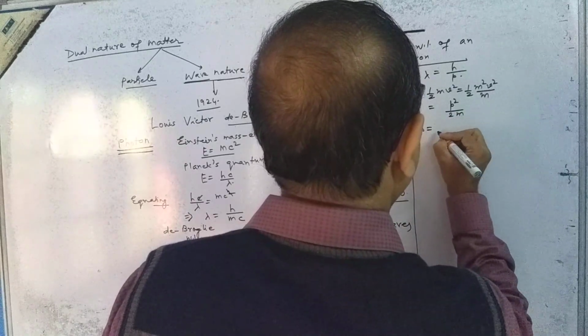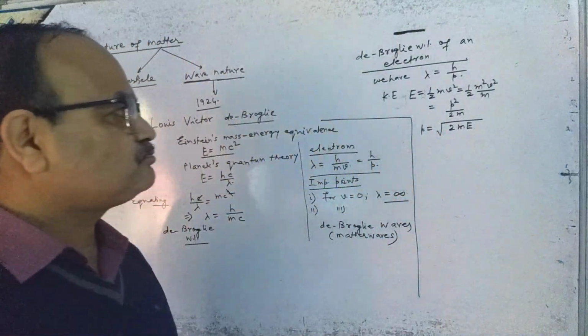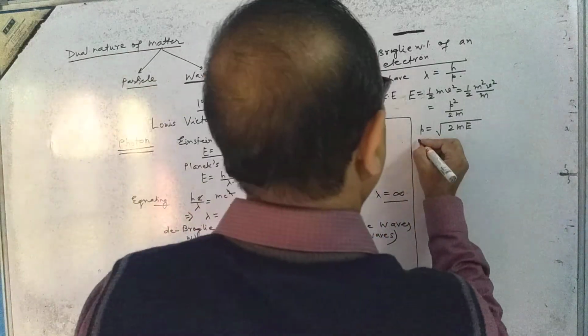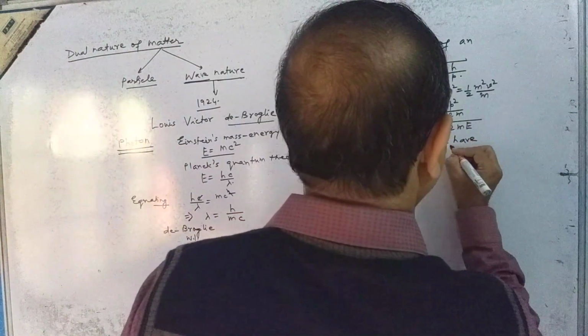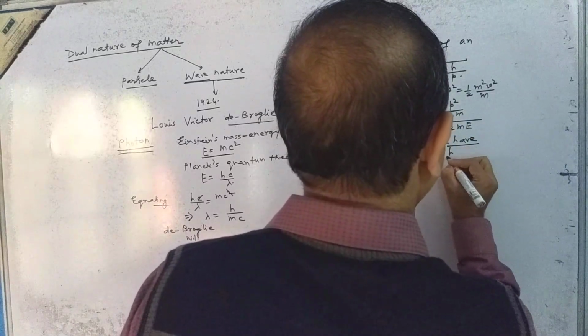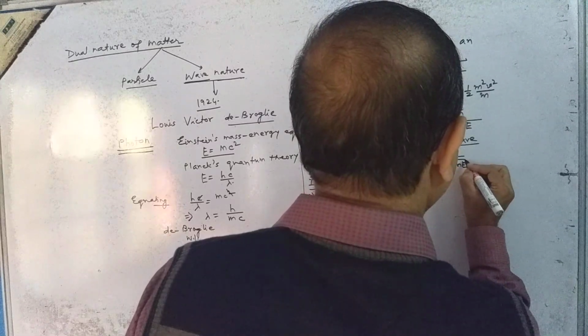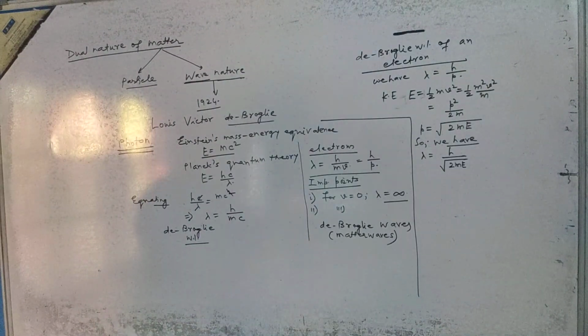So p is equal to root 2mE, where E is the kinetic energy of the electron. So we have lambda is equal to h by root 2mE.